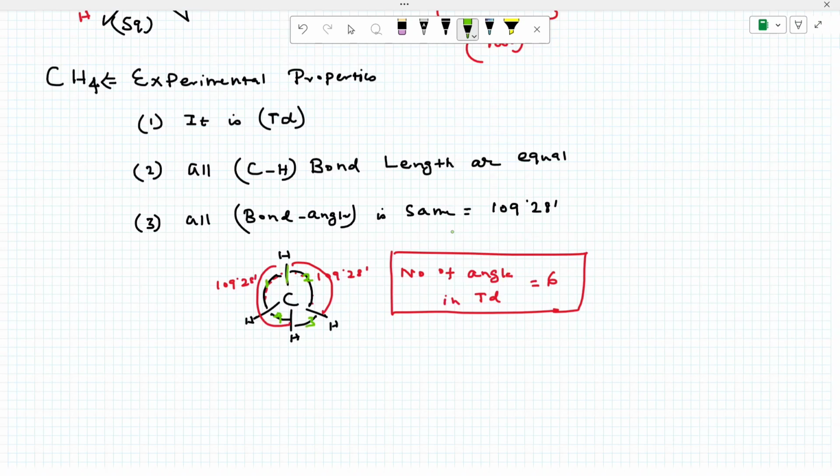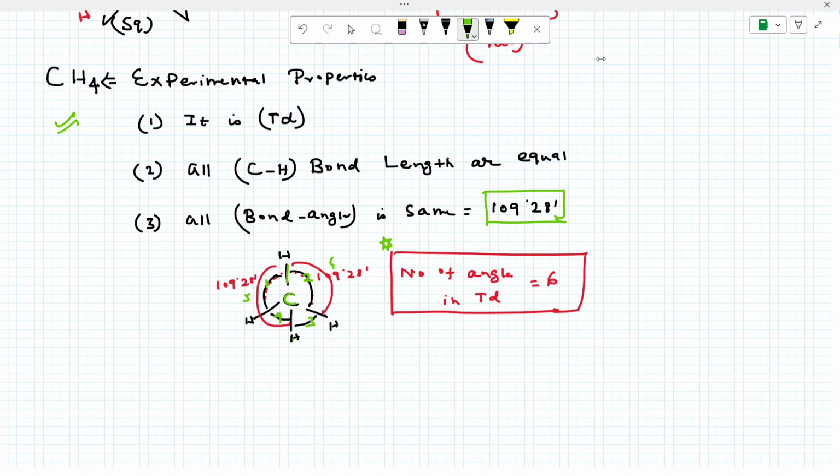Now this carbon and this hydrogen make 5, 6. Therefore the number of angles in tetrahedral is 6, and all 6 angles are 109 degrees 28 minutes. But this is experimental properties of the methane molecule. Now we are going to discuss hybridization.